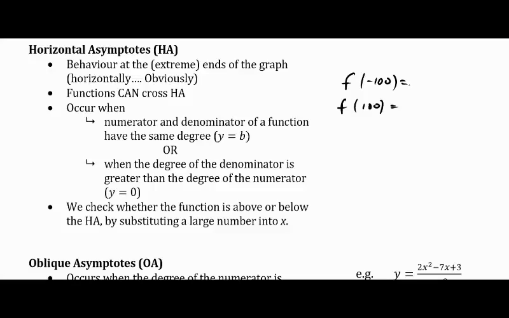And so here's when the horizontal asymptotes occur. Now, there's different ways of thinking about this. And as we go through the examples today, I'll try to point those out. And then I think that's a better way to understand and figure this out than just to memorize this rule, that horizontal asymptotes occur when the numerator, that means the number on top, and denominator of a function have the same degree.